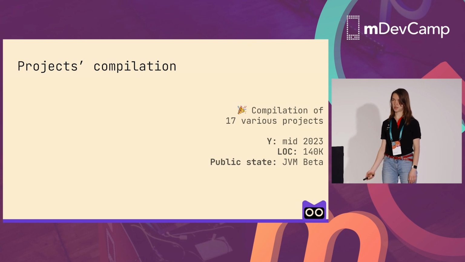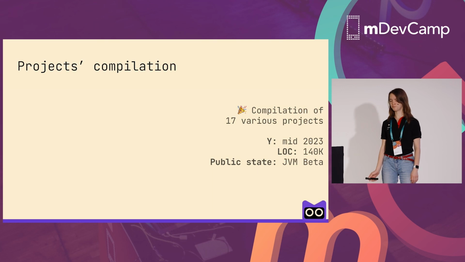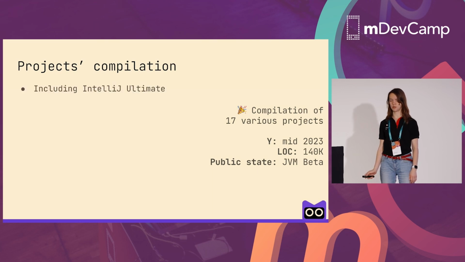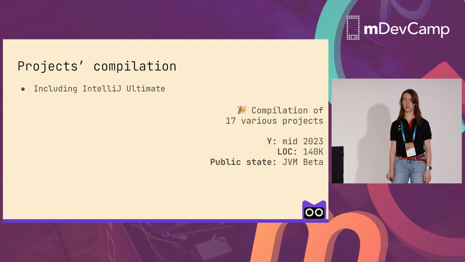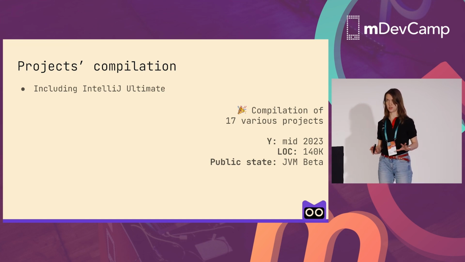And a year later, there were already 17 user projects successfully compiled. And this is the time where we have released JVM beta. And yeah, 140,000 lines of code. That time, we were able to compile IntelliJ Ultimate with K2, and this is really a huge one.